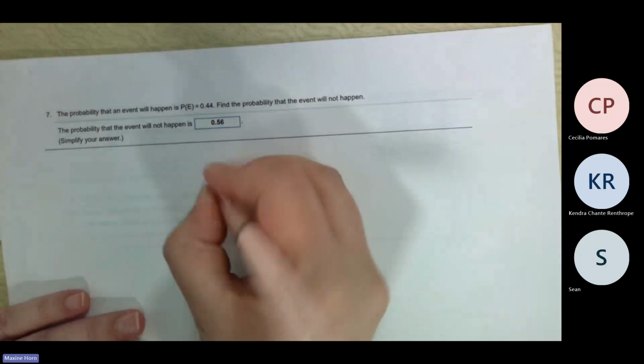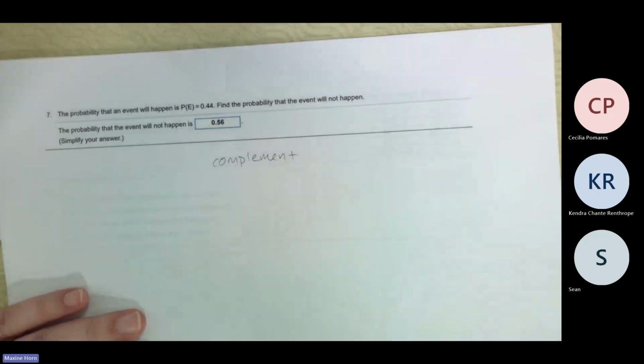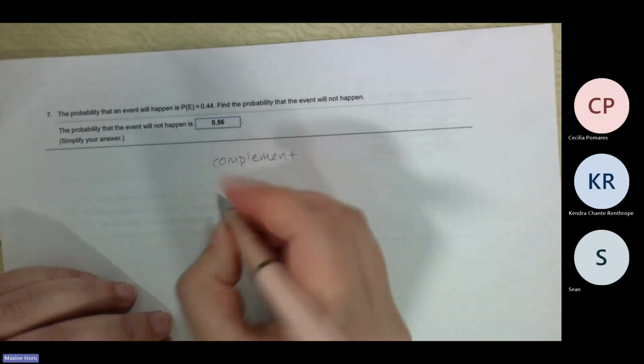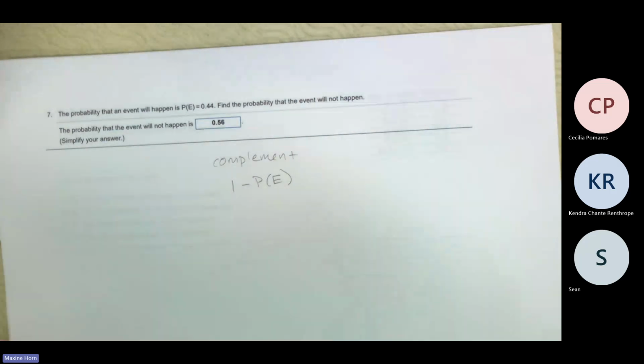Okay, number 7. The probability that an event will happen is probability of E equals 0.44. Find the probability that the event will not happen. Okay, so what they're talking about here is the complement of the event. So the complement of the event is 1 minus the probability.